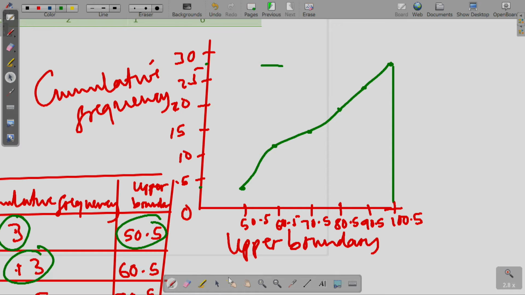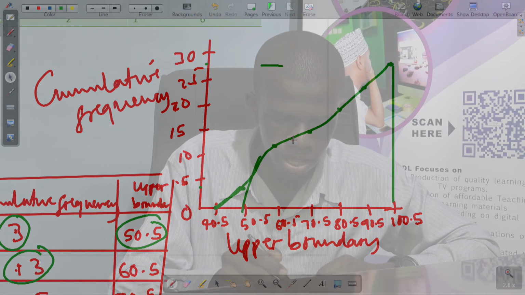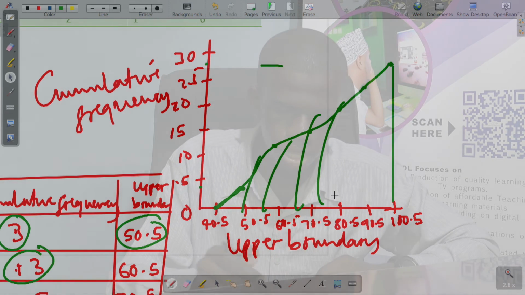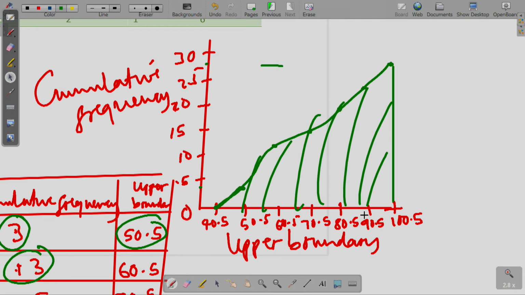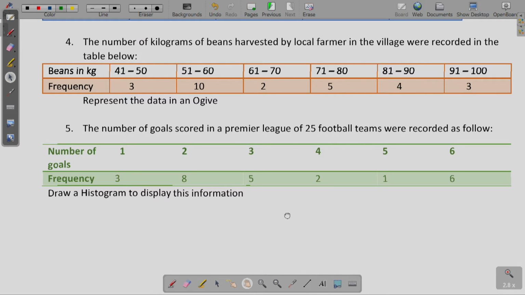So here I will put the upper boundary of 40.5. Now this comes to this point, and this is my ogive. You may shade it.